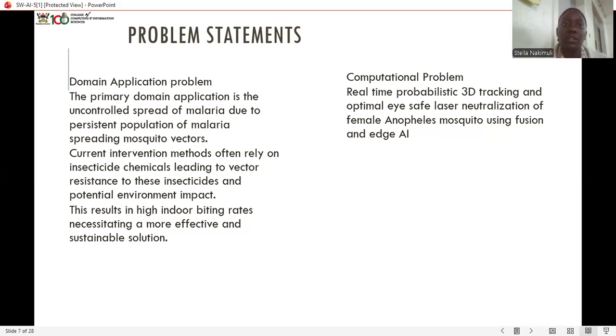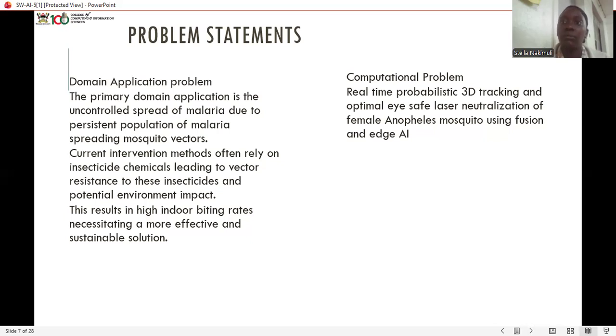So here the primary domain application problem is the uncontrolled spread of malaria. As we all know, malaria is currently one of the biggest problems we are suffering as Ugandans. So there is a need to solve this problem, because the methods that have been used are so traditional that they can't suppress it.